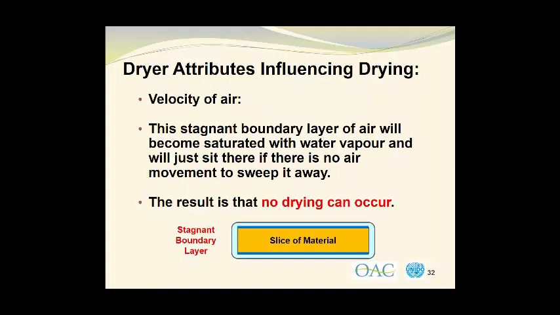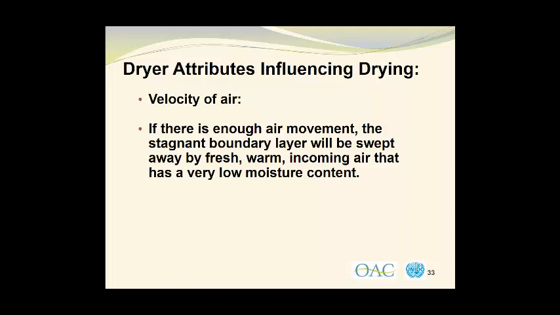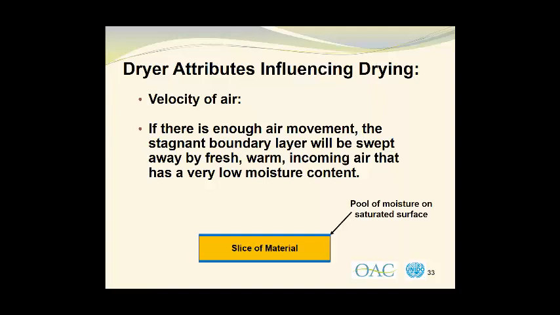The result is that there will be little or no drying that can occur. If there is enough air movement, the stagnant boundary layer will be swept away by fresh, warm, incoming air that has a very low moisture content.